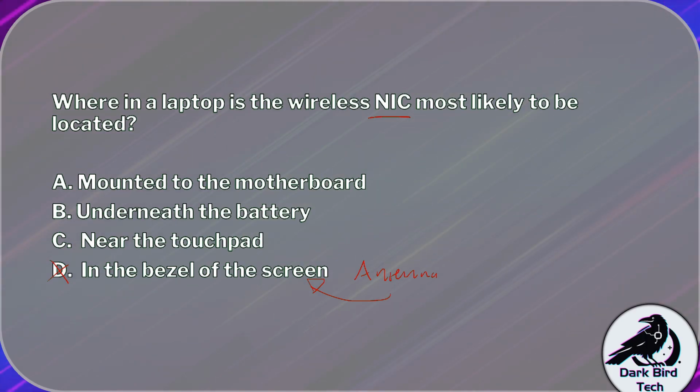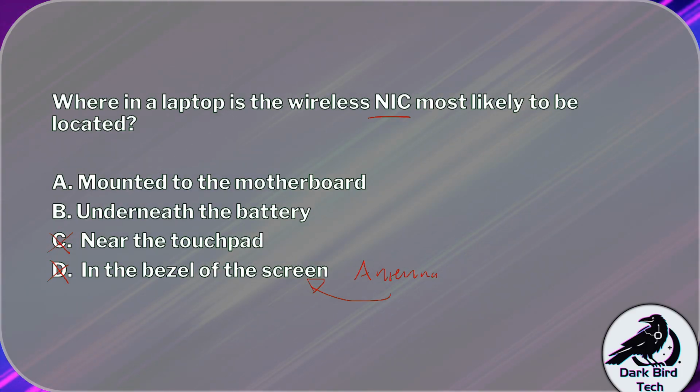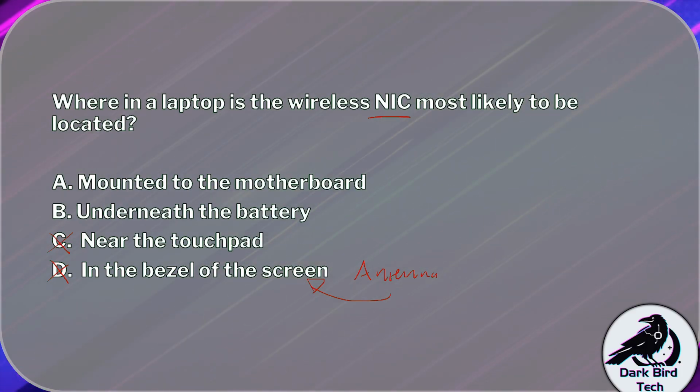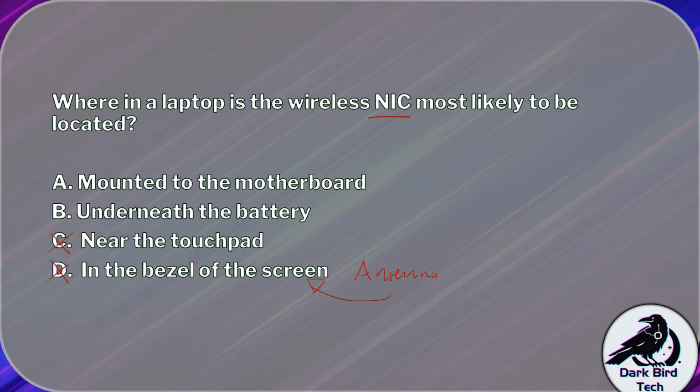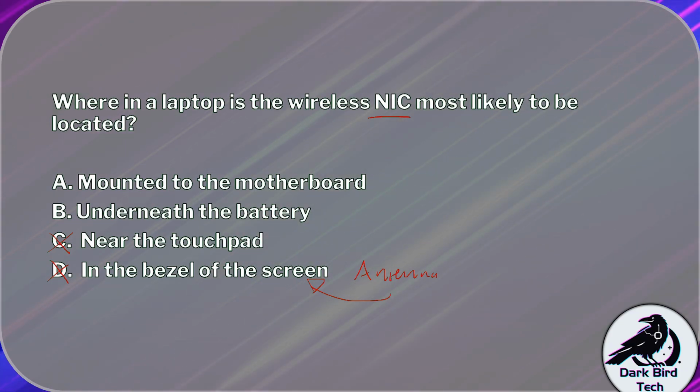Now, finding it near the touchpad, I wouldn't be too keen if I was designing a laptop to put it near the touchpad, as that's a part of the laptop body you're likely to experience a lot of impact and nudges and taps. So, probably not there. Underneath the battery, I wouldn't put it underneath the battery. In fact, you normally try and keep as few circuit boards near the battery as possible in case the battery swells or anything like that.